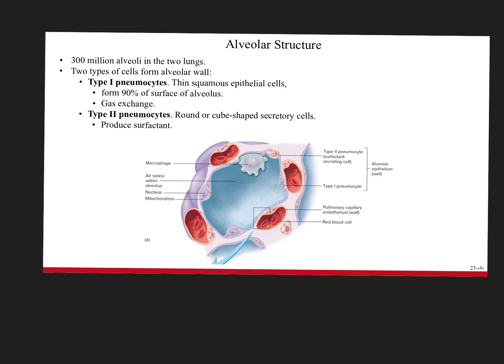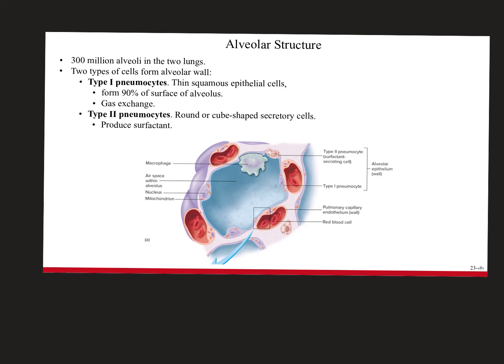Questions about the type 1 or type 2 pneumocytes? When you see the word pneumocyte, what are the words that come to mind in your head? Pneumocyte equals... well, pneumo is lung. You're right, Norma, about that.